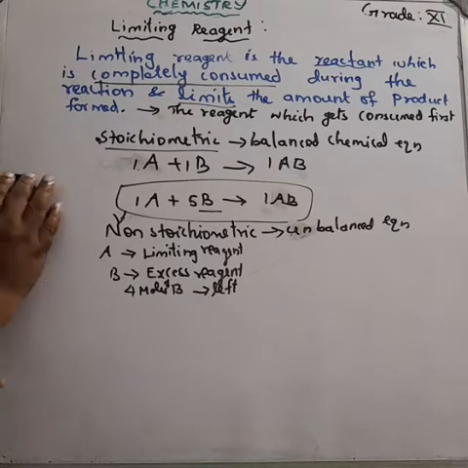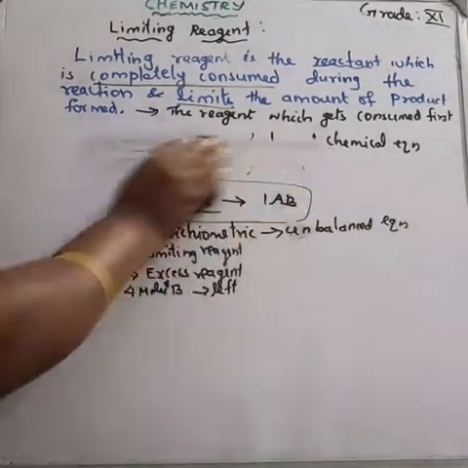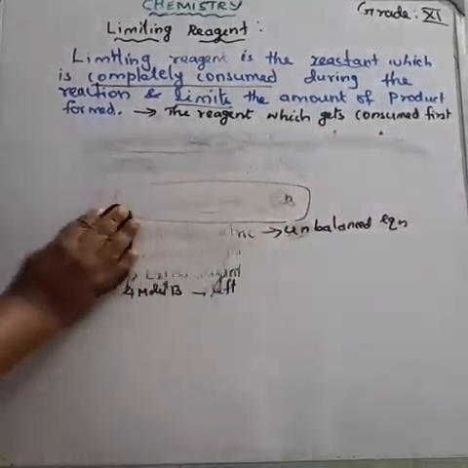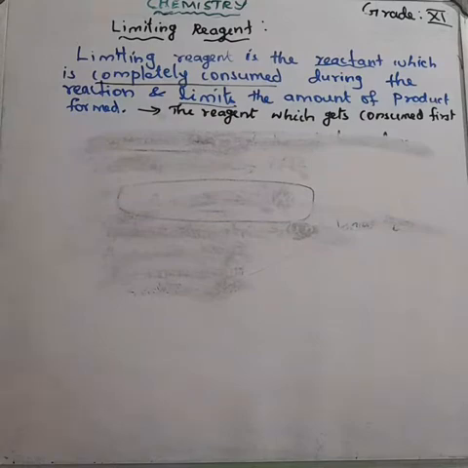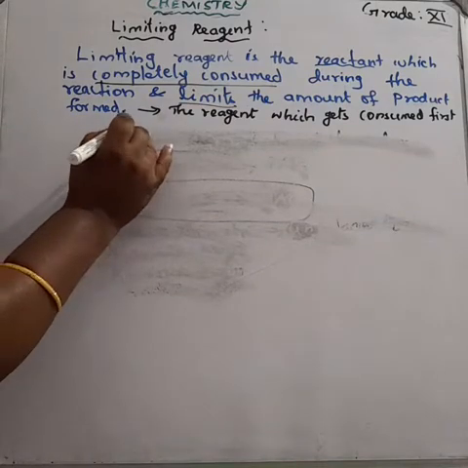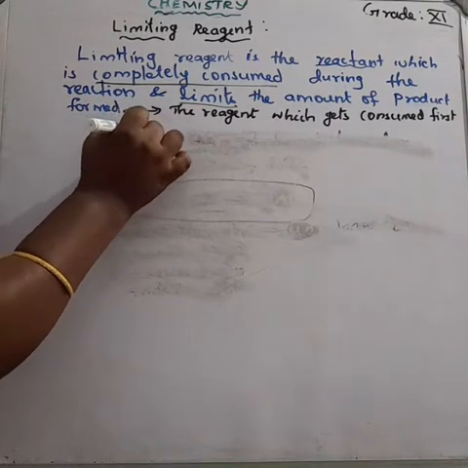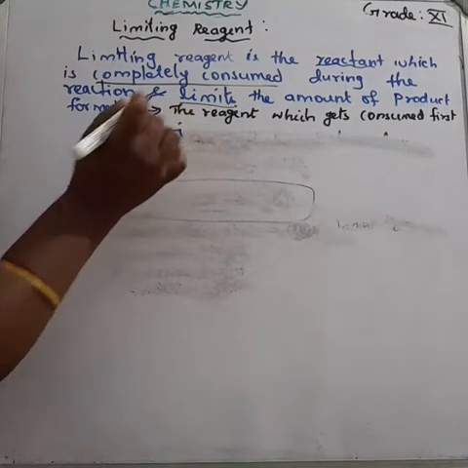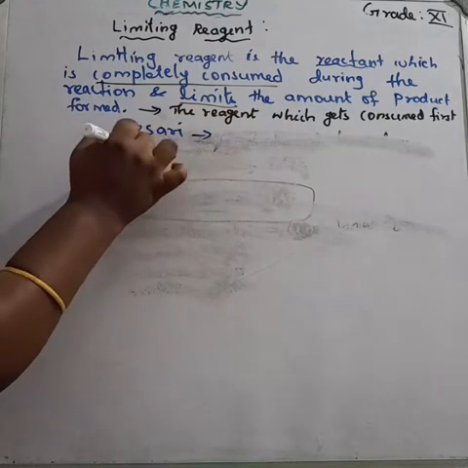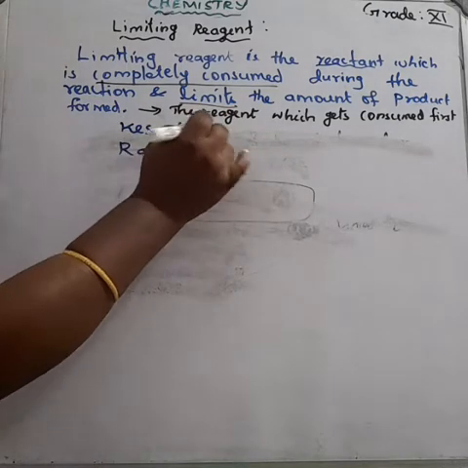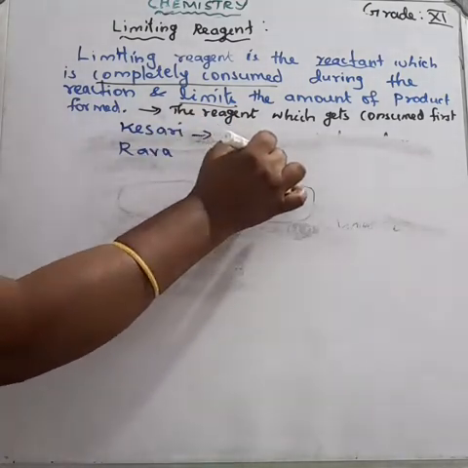For example, one example I am taking: suppose in the preparation of kesari, you know the kesari recipe. What are the reagents we need? Rava and sugar. These are the important things needed to prepare kesari.